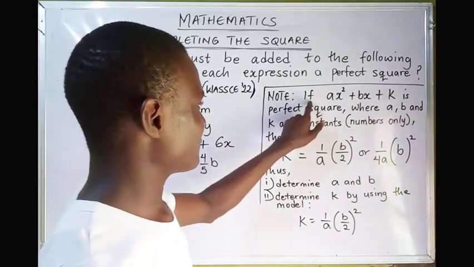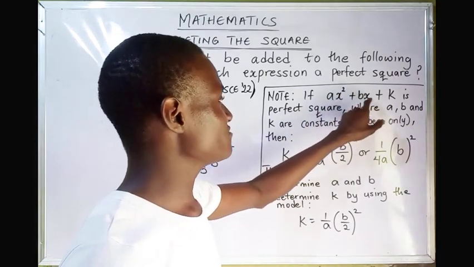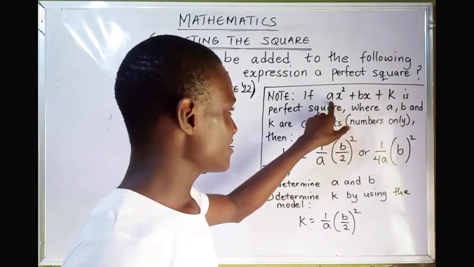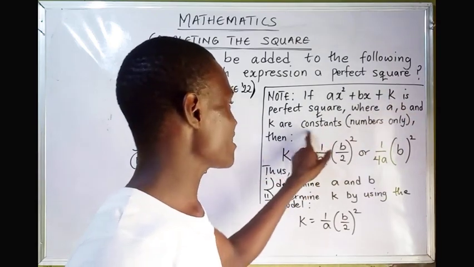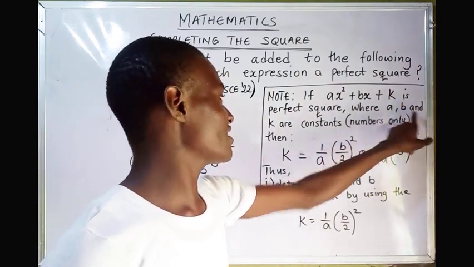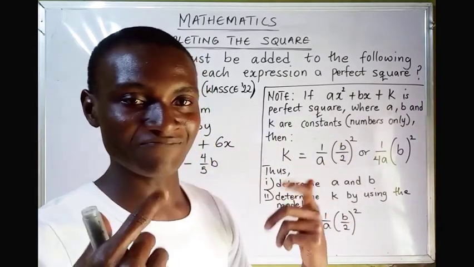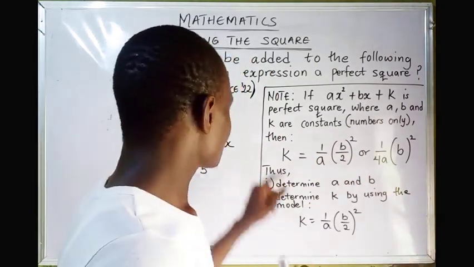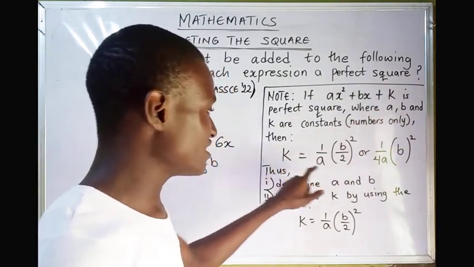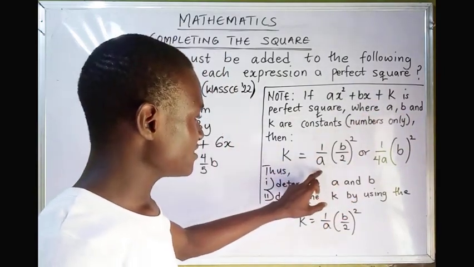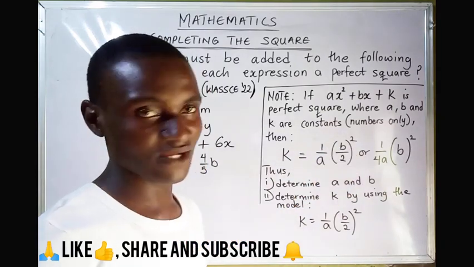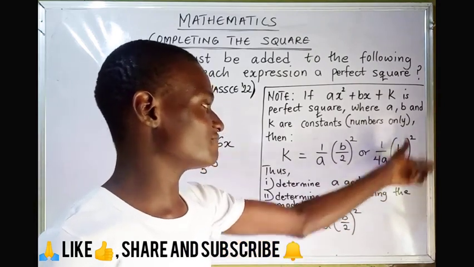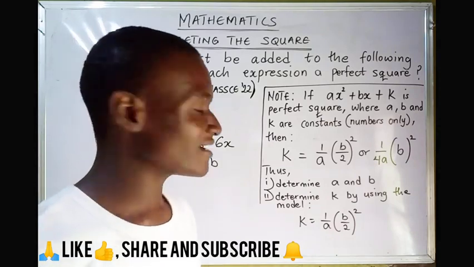If ax squared plus bx plus k is a perfect square, where a, b and k are constants, which means they are just numbers, then k will be given by this model: 1 over a, bracket b over 2, raised to power 2, which also means the same as 1 over 4a, bracket b squared. Whichever one is easier for you to remember is what you should apply.